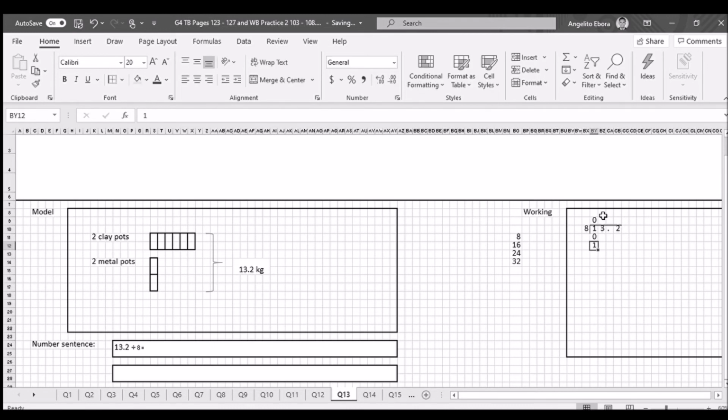So put 1 here and then 3. So 13 divided by 8. We cannot use 16 because it's more than 13. So we'll choose 8. That is 1 and 8. So 13 minus 8 is 5. Use the decimal and then bring down 2. So 52 divided by 8.